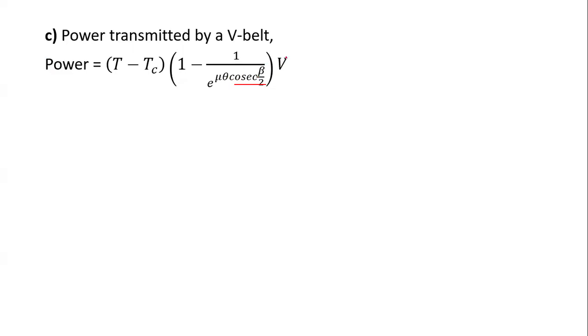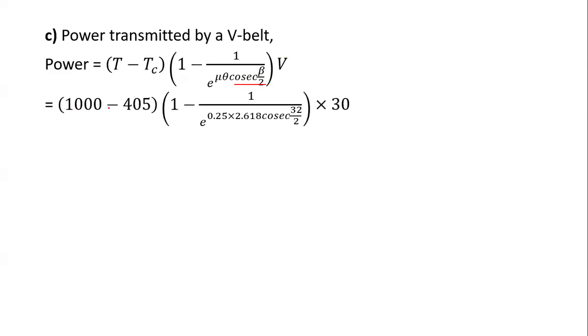Angle beta has been given as 32 degrees, so 32 divided by 2, you can even put the 16 degrees there as you do the substitution, or you leave it like that. It will still be 32 over 2, coming back to the same number.